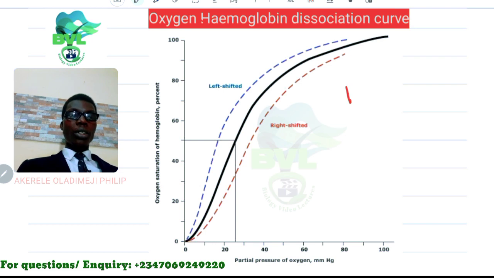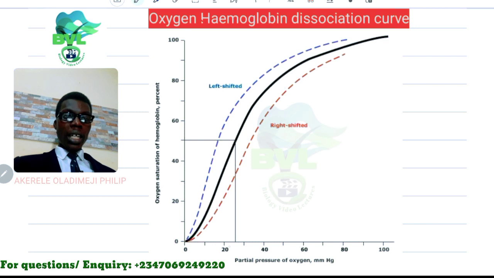Of course, you know that the red blood cell is made up of this iron pigment called hemoglobin. Specifically, oxygen binds to the heme group, which is a prosthetic group of hemoglobin as well. That's a type of protein. Now, looking at this graph here, you will see that the partial pressure of oxygen is in millimeter mercury.